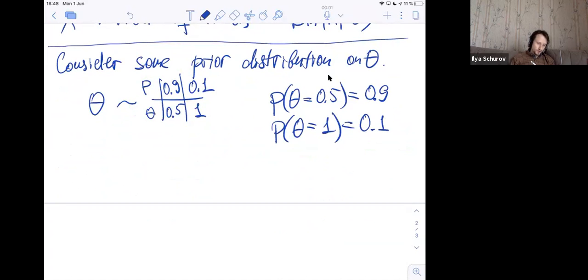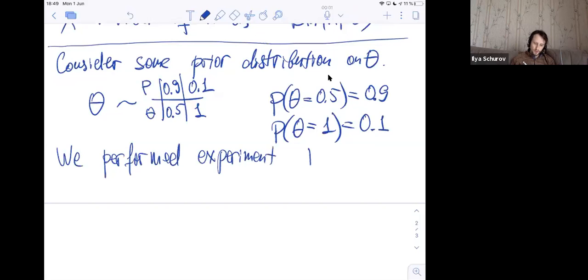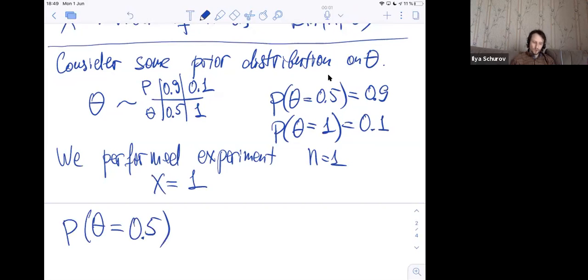Now, assume that we performed our experiment. Again, for simplicity, let us assume that n equals to 1 and x that we observed is equals to 1. Now, I can ask you, what is the probability that theta equals to 0.5? Let me write it as a conditional probability.